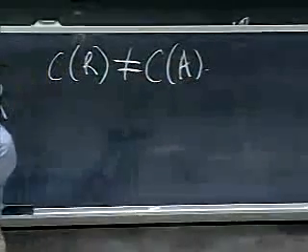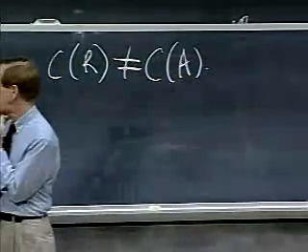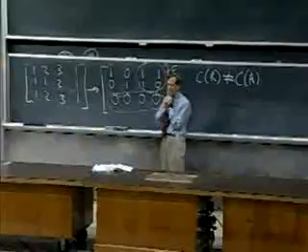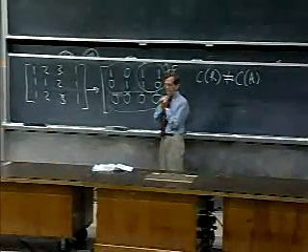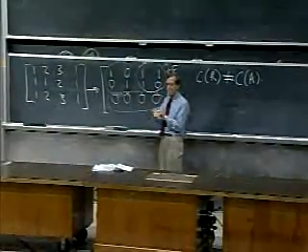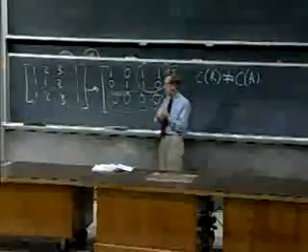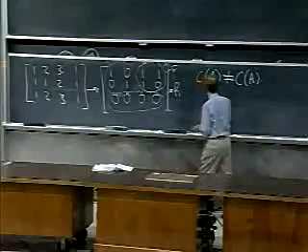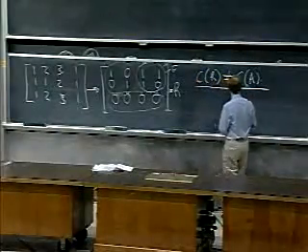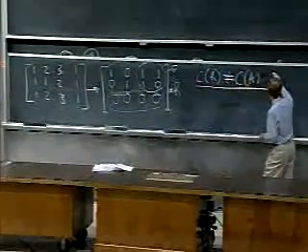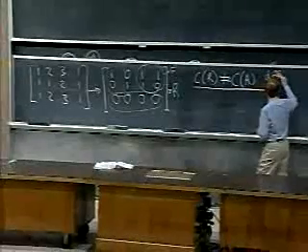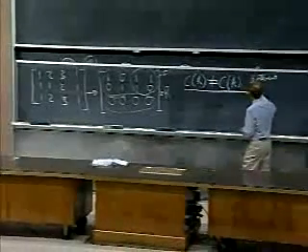Because 1, 1, 1 is certainly in the column space of A and certainly not in the column space of R. I did row operations. So the column spaces are different.